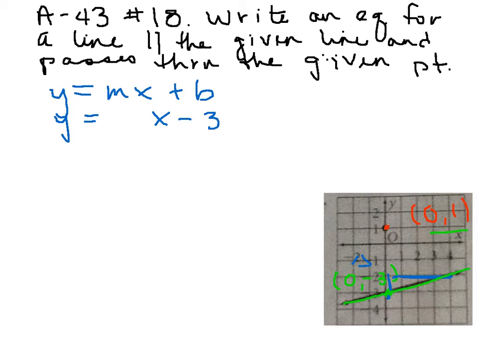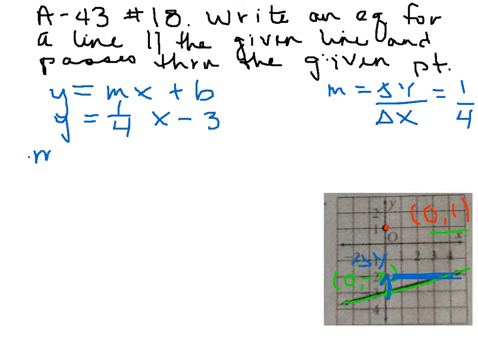The slope is the change in y over the change in x. Our change in y is 1, and our change in x is positive 4. We want it to be parallel to this line, so our slope in this line is 1/4.